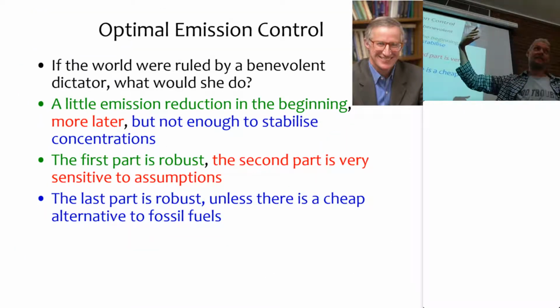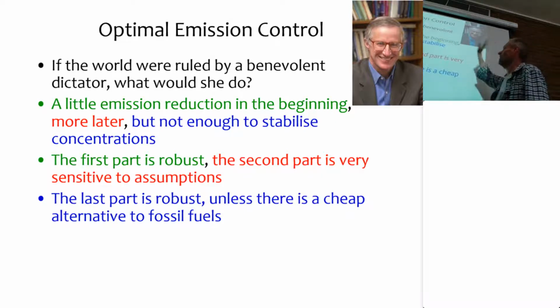So essentially all studies, apart from one that is mistaken, say that you should start with a modest carbon tax and let it grow over time until you solve the problem, right? And there's only one exception, and that is a silly paper that says you should start with the carbon tax and let it fall over time. No. Everybody agrees that the carbon tax should go up, and people strongly disagree about how fast, right?